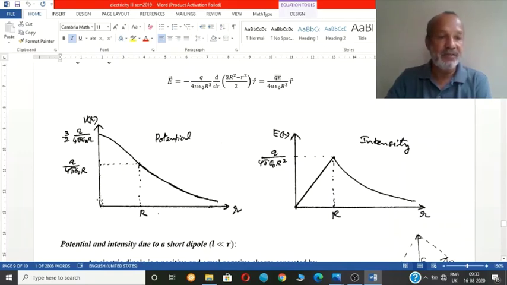So this is 1, and the half also you have to add. So you will get 3 by 2 Q by 4 pi epsilon 0 R.